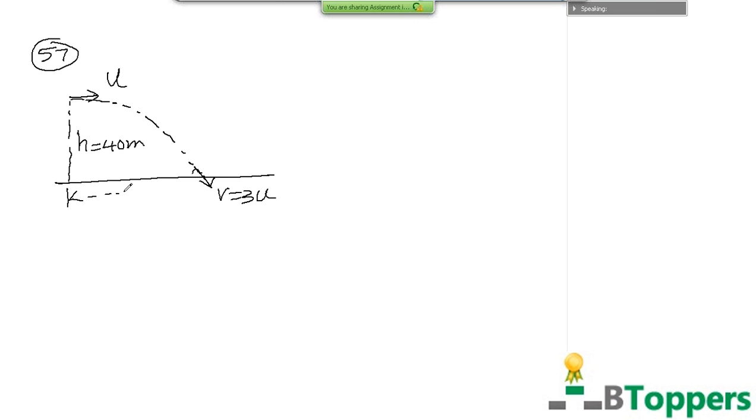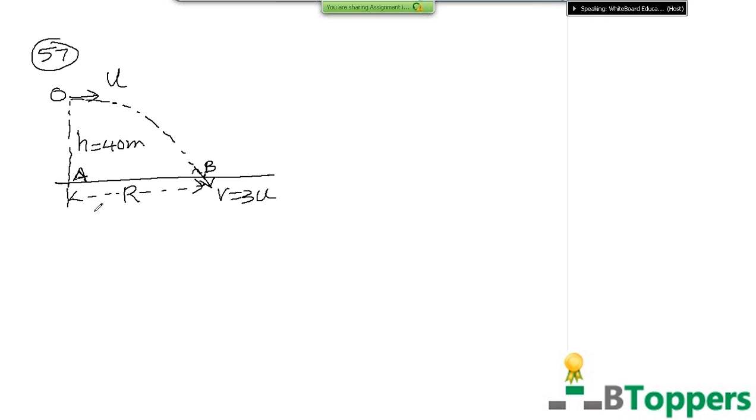You're asked to find the horizontal distance covered by the body when it reaches the ground. So let O denote the initial position of the body from where it is projected horizontally. The point A lies directly below the point O, and B is the position of the body just before it strikes the ground.